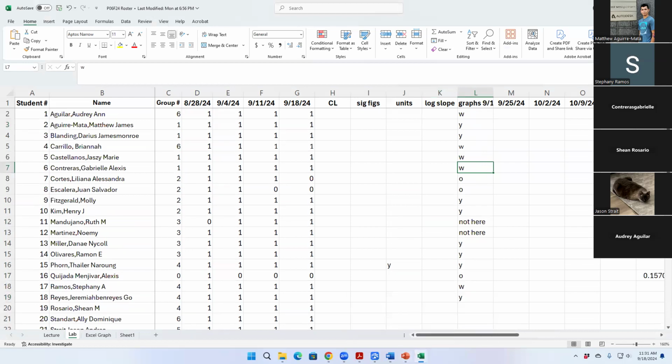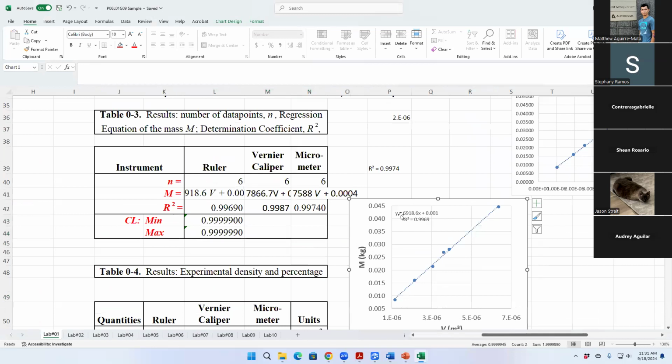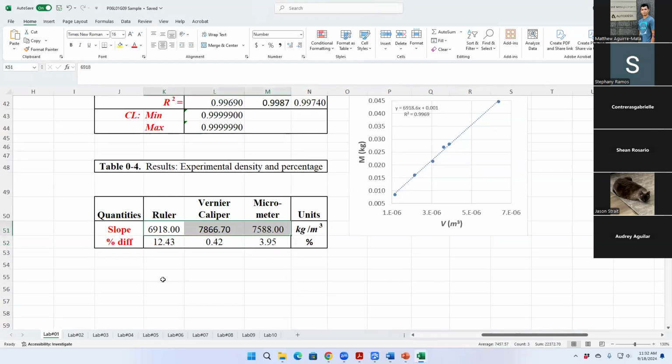Once you finish the graphs, when you plot the graph, right, don't forget to put the regression equation, the R square. You're going to need those two, right? And after doing those two, you go ahead and log the slope in the last table, right in here. The slope for the ruler, the slope for the vernier caliper, the slope for the micrometer. And look at the percentage difference.